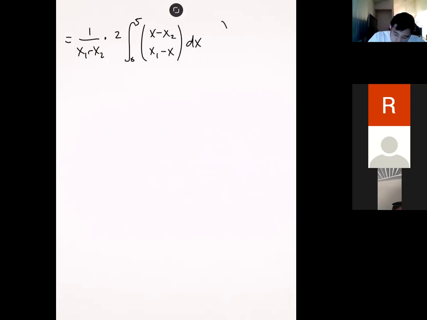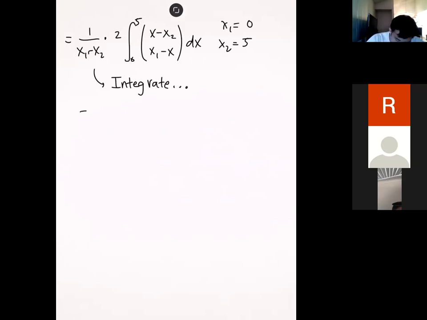And remember, x1 is equal to 0, x2 is equal to 5. And so we plug everything in and we integrate. And then we're left with the following.